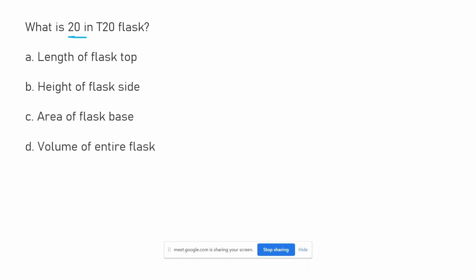Okay. So here the correct answer is, in a T20 flask, this 20 or any number that will be here for that matter will denote the area of the flask base.